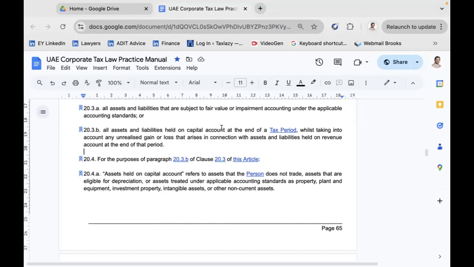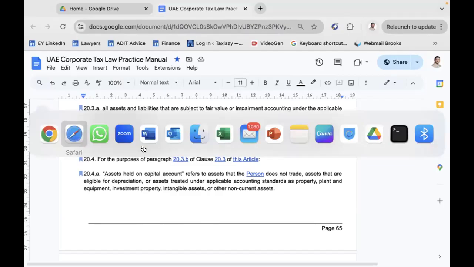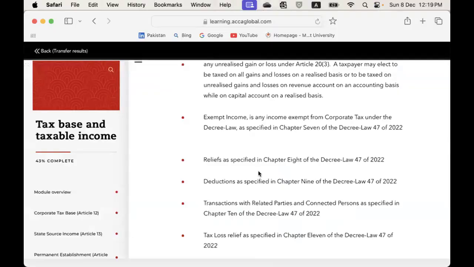Sometimes such gains come in which will never be reclassified to the income statement. The corporate tax law says that we have to include such gains in the taxable income for the year. So these are the two alternative treatments on which we can consider unrealized gains and losses.